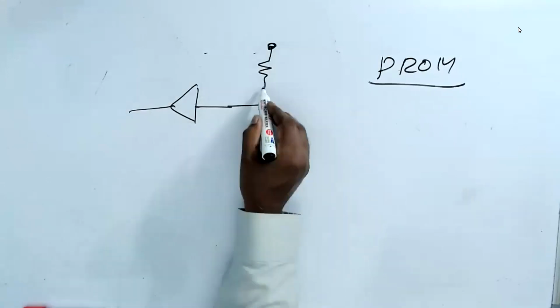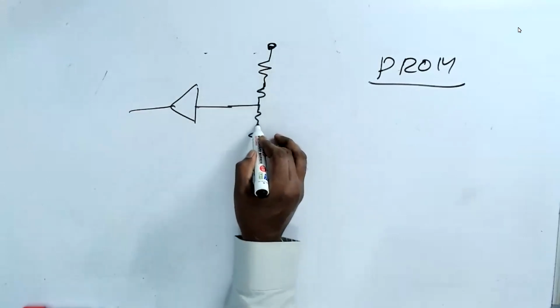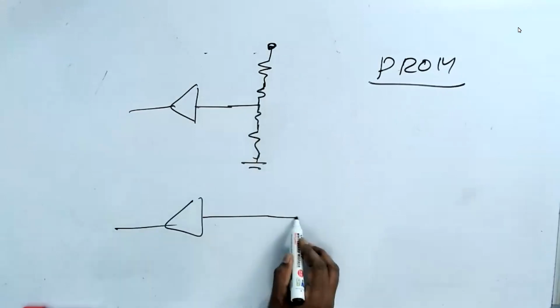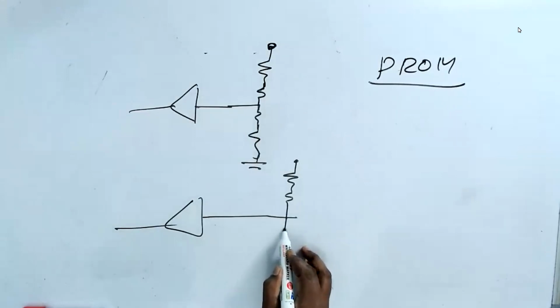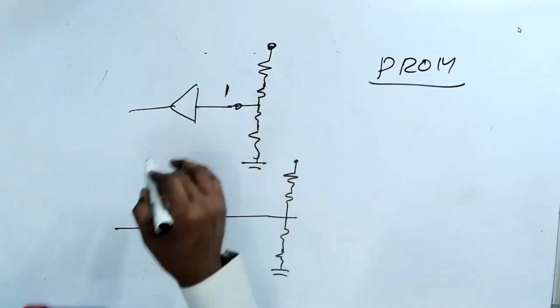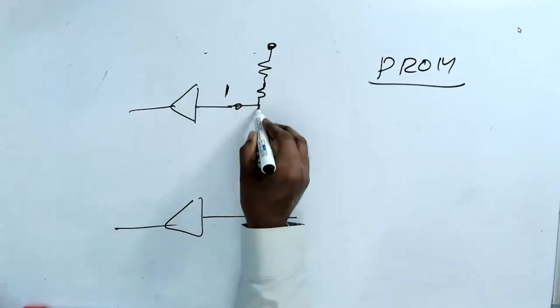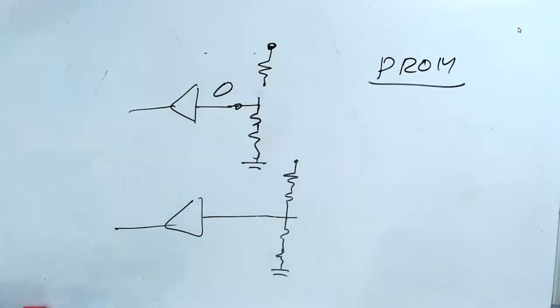There is a fuse. Another one, same thing. For everything, there are 2 resistors with a fuse. If you want this bit to be 1, you remove this fuse. If you want this bit to be 0, you remove this fuse.